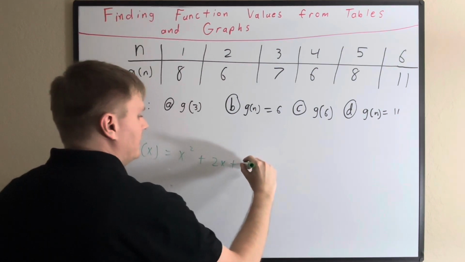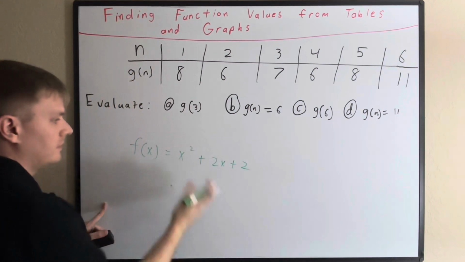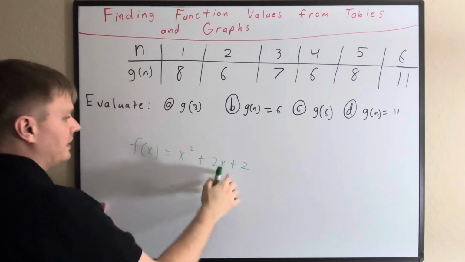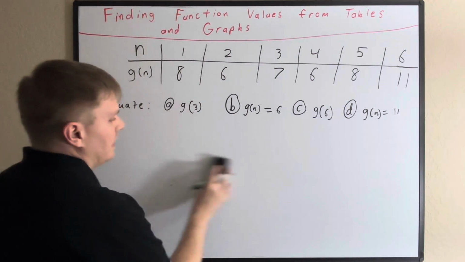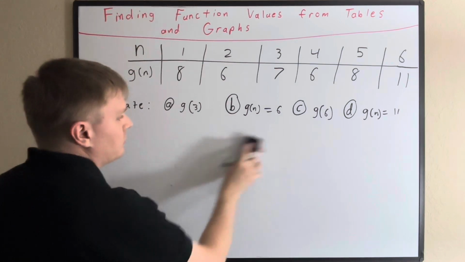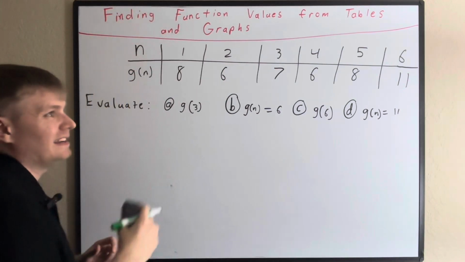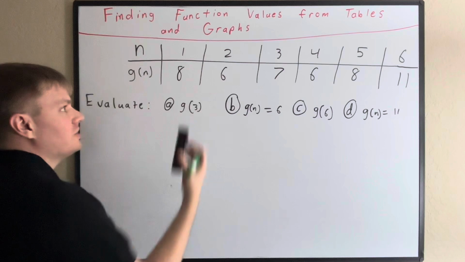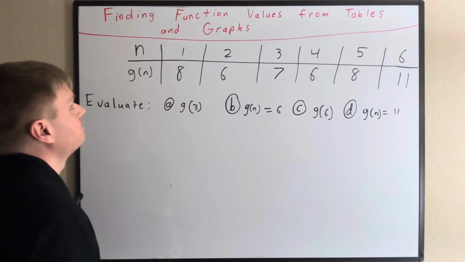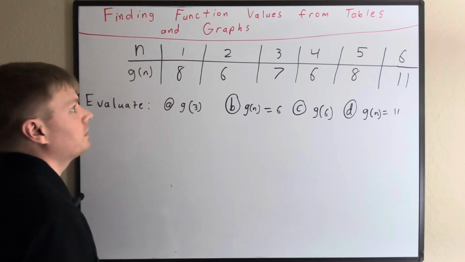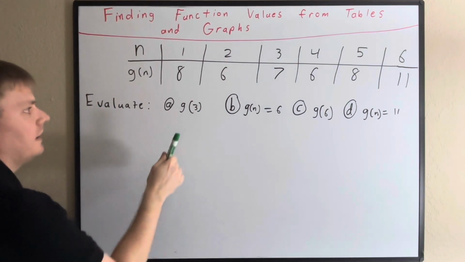But it's not always going to be that way, is it? We can't just put 3 in there and solve for f of x. Sometimes they give us a table and there's no actual equation to go with the function. It's just a table function. So I'm going to go over that right here.